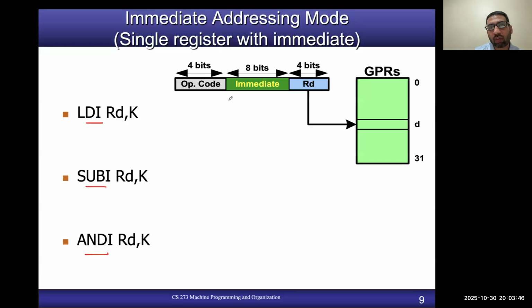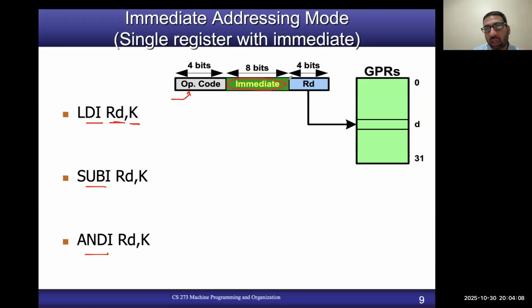If you look at the opcode of this instruction, you will have two things. Definitely you have an opcode. Other than the opcode, there are two operands. One is the register, and the other one is the immediate number. The immediate number will be part of the instruction code itself, right?